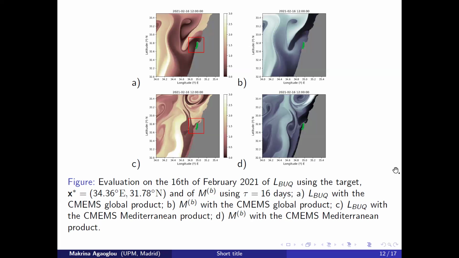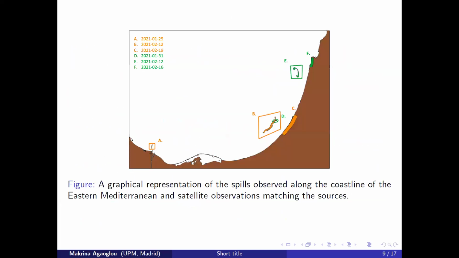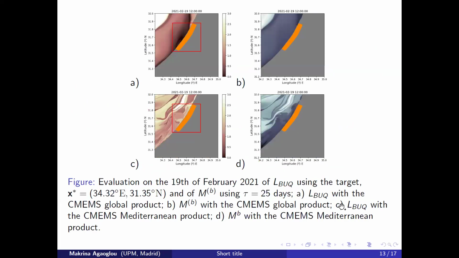Then we repeat the same process for this coastline, taking into account that the target backwards in time is what is inside this polygon labeled as A. So again, the first column is the Lagrangian character quantification backwards in time, and the second column is the Lagrangian descriptor.